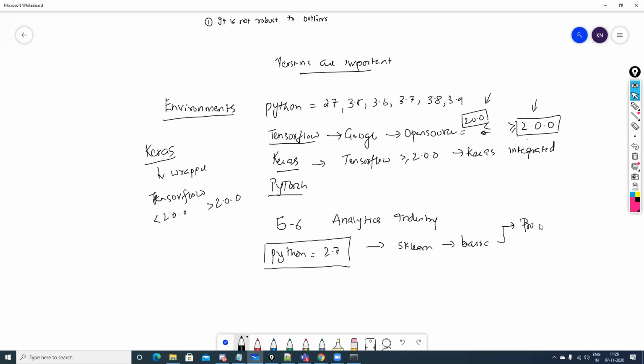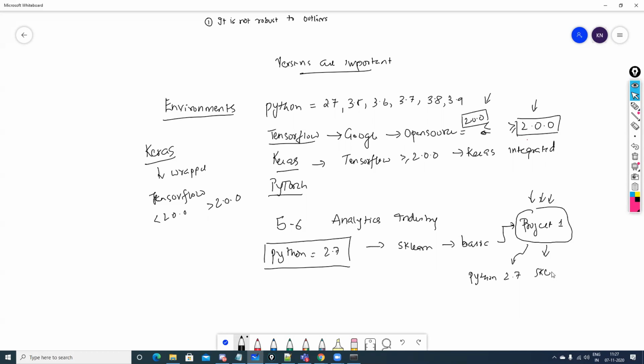Suppose my project one was on this. For this project, the first thing you have to note is what kind of environment you require. One requirement was Python 2.7, because if I try to use the next Python version, this project will completely fail.